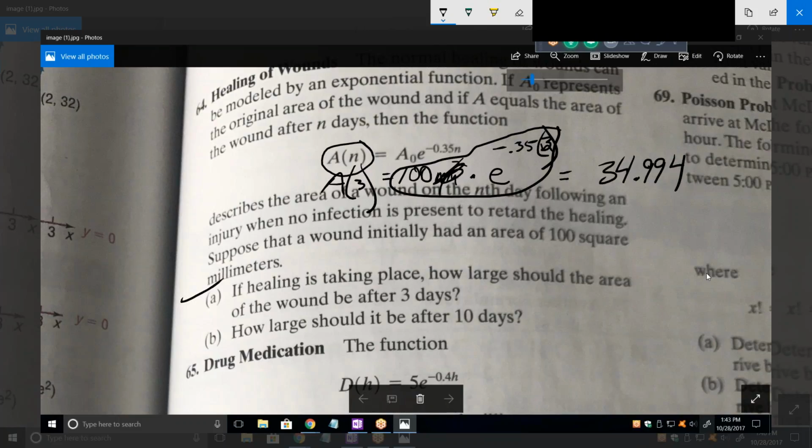Okay. And again, question B is not difficult. It's just the same problem, only with 10 instead of 3. So let's go on. I know you know how to do that. Well, no, I know you know how to do 64B. So let's not spend our time on 64B. 64B is just plugging in 10 instead of 3.